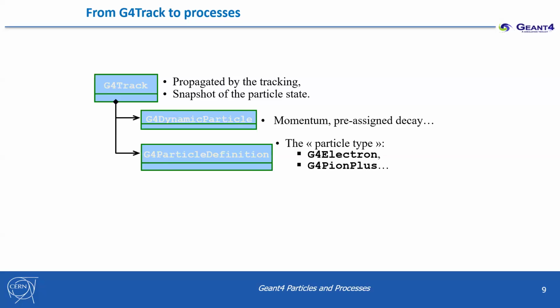Track consists of two components: dynamic particle, which has information about current momentum, preassigned decay, and this dynamic information may be changed after each step of particle.